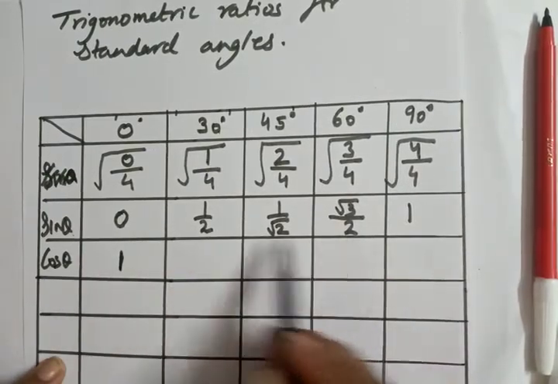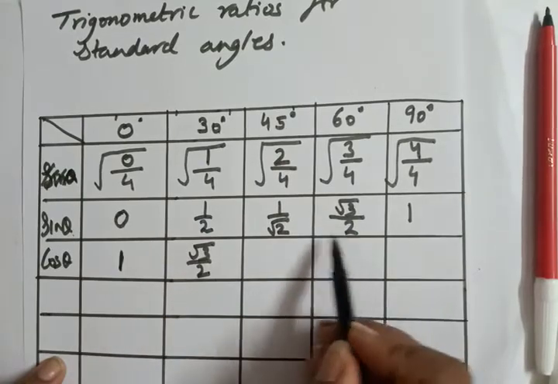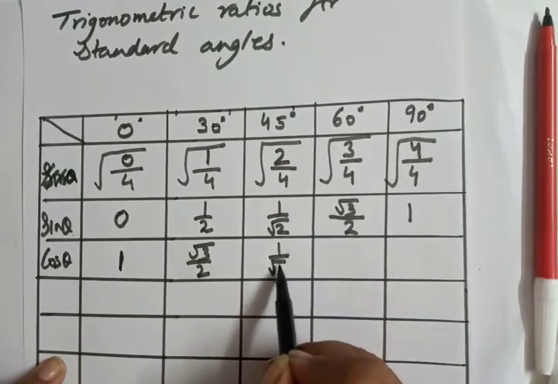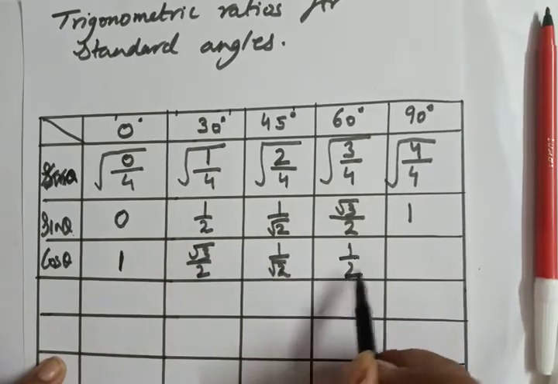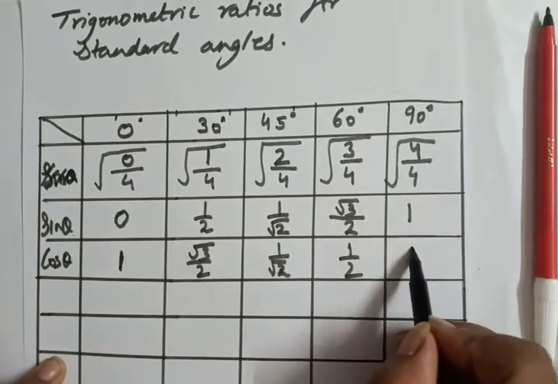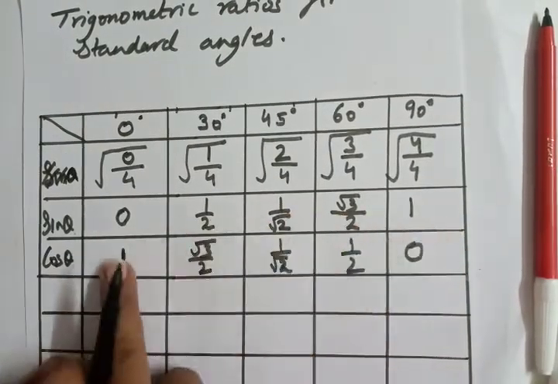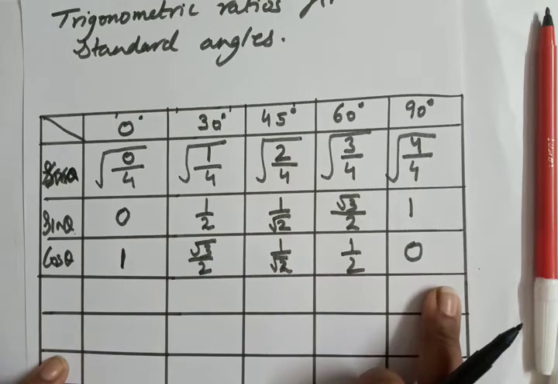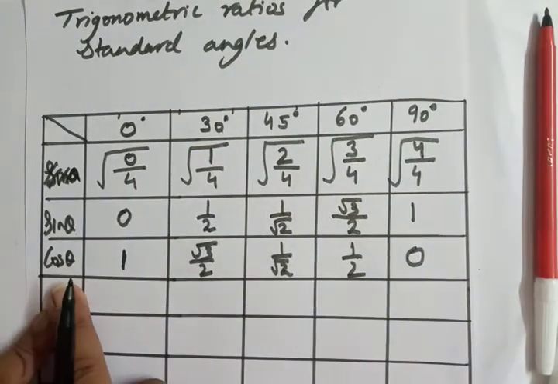For sine 30, root 3 upon 2. 45 will remain same, and it will become 1 upon 2, and here 0. We have taken it in reverse order. So we get to know about all the standard angles regarding the cos.